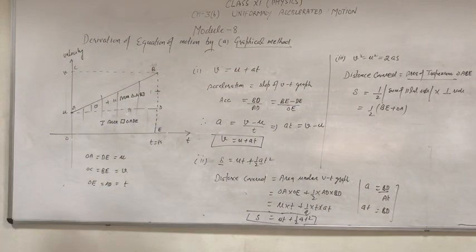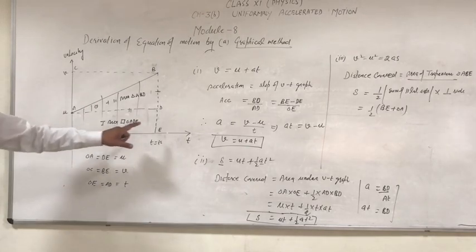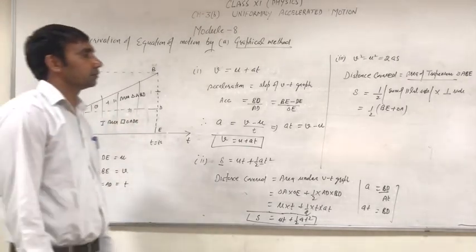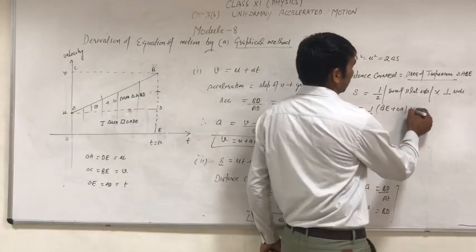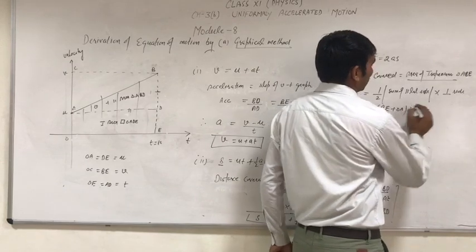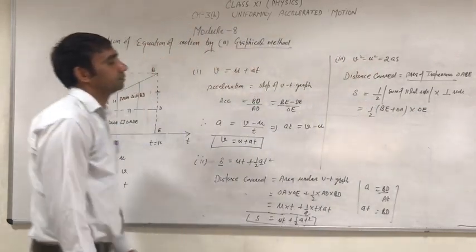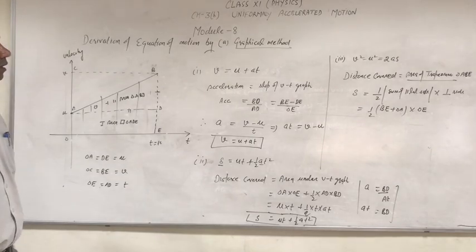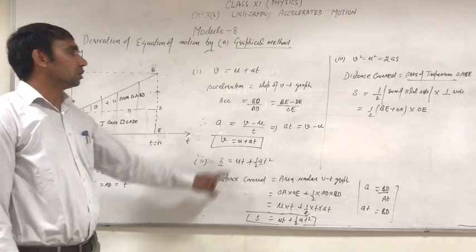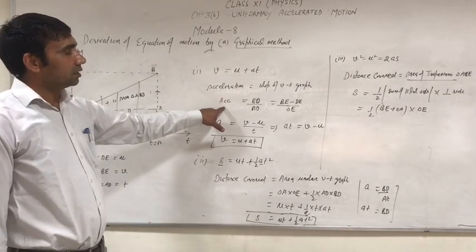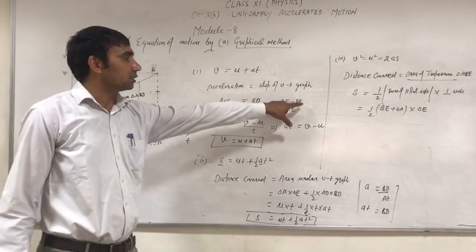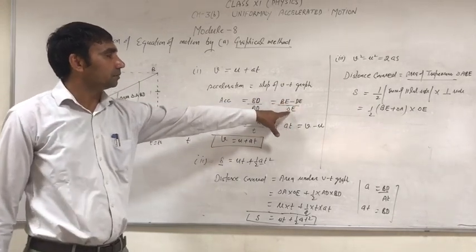Perpendicular side OE. From this equation, acceleration is equal to BE minus DE upon OE.